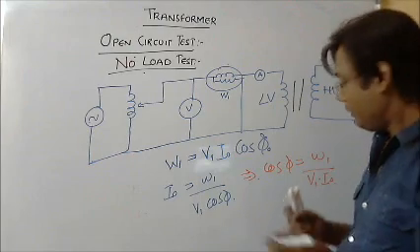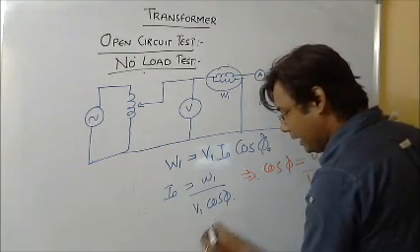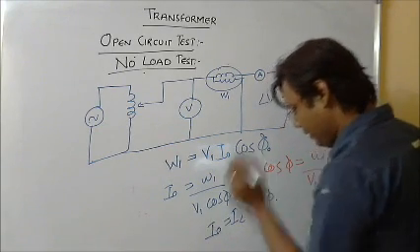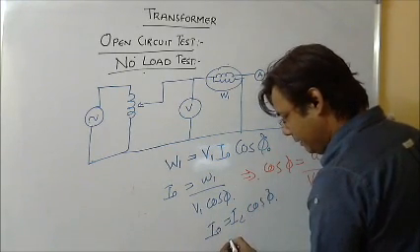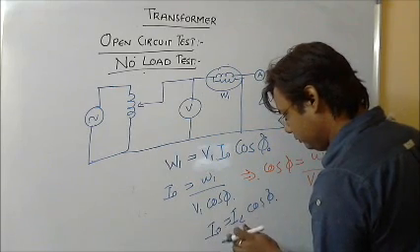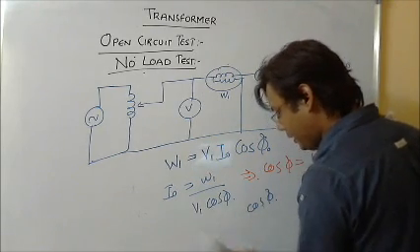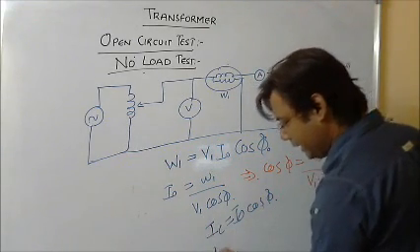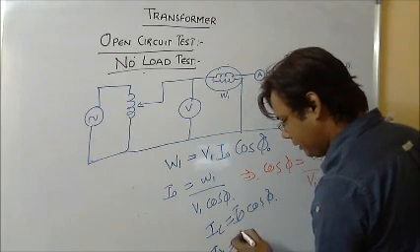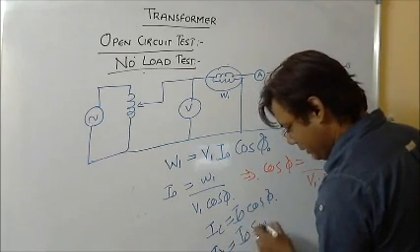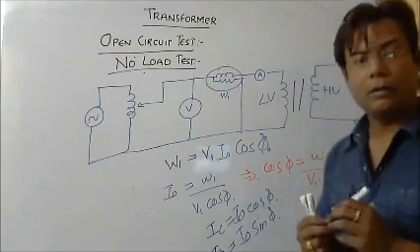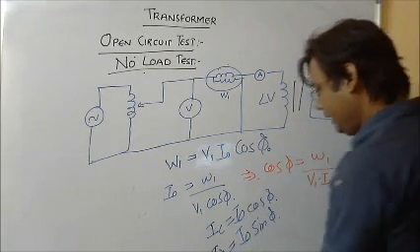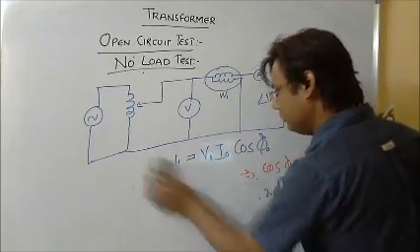But we also know that Ic equals I0 cos phi, and I-mu equals I0 sin phi. We have seen this.